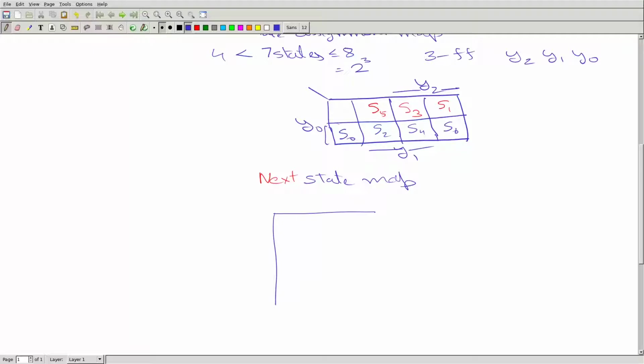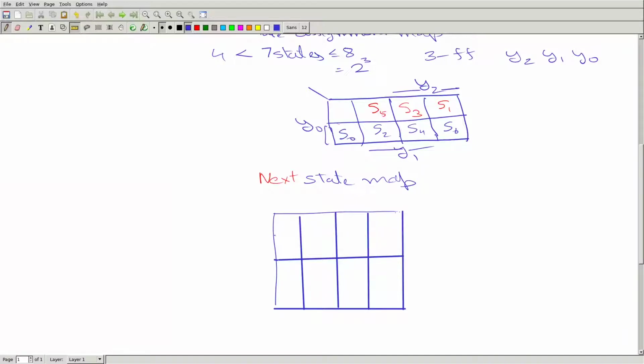So in this will include X, that is the input, and then Y2 for these two columns, and Y1 for these two columns.